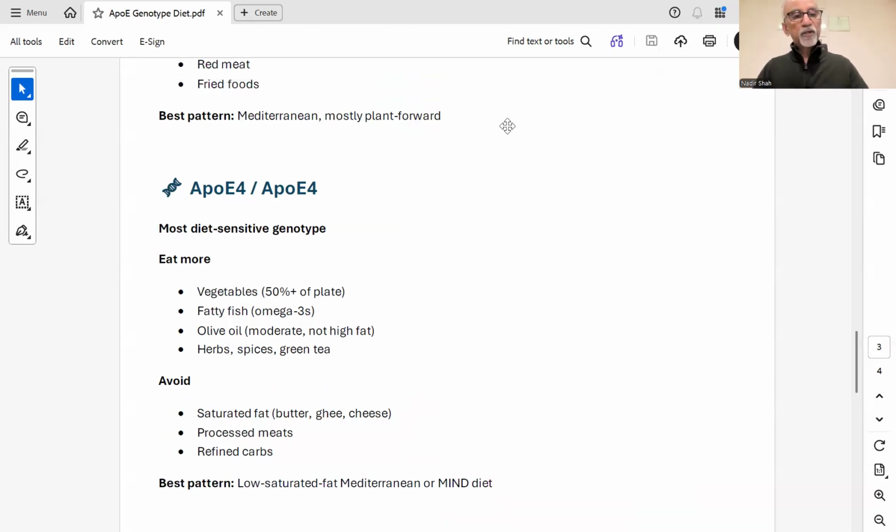So let me stop sharing here. I just wanted to give you a flavor of how the ApoE genotype plays a vital role in keeping our body in correct form, so that we stay away from diseases that happen years down the road. We are trying to customize our diet based on our ApoE genotype.